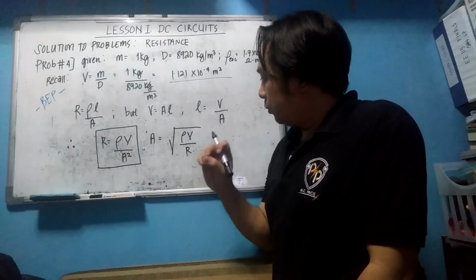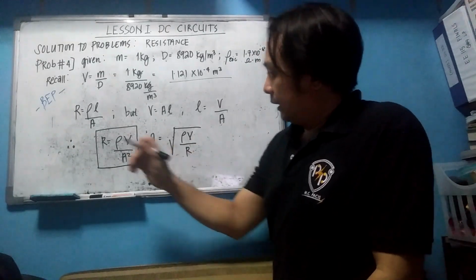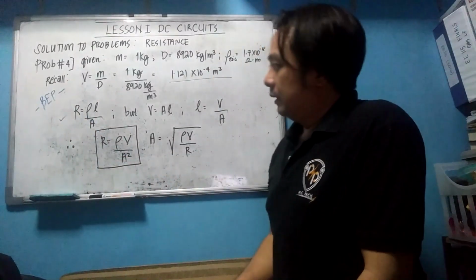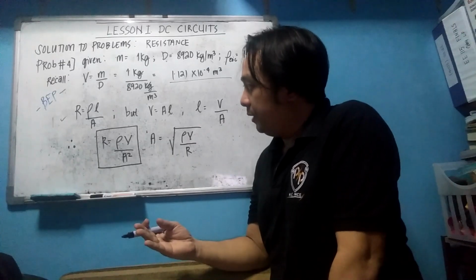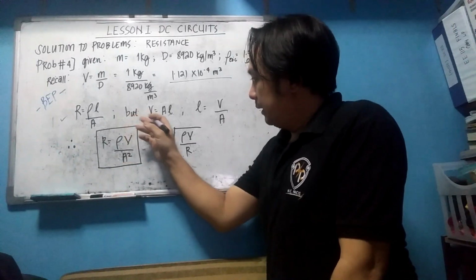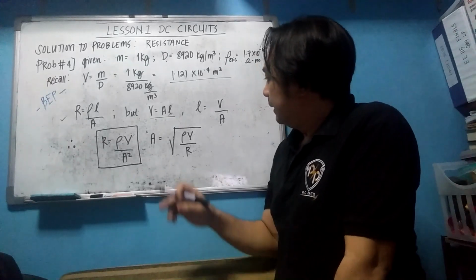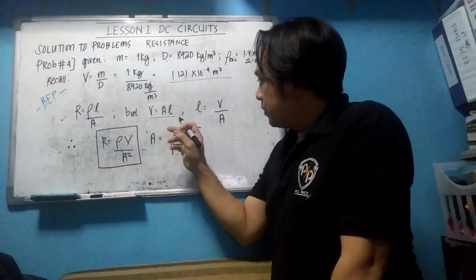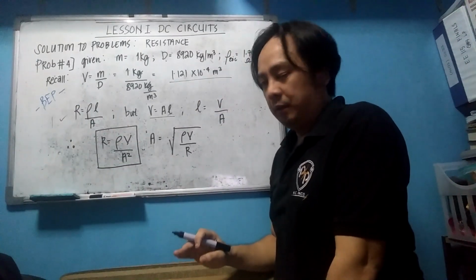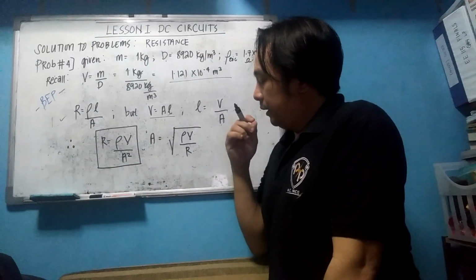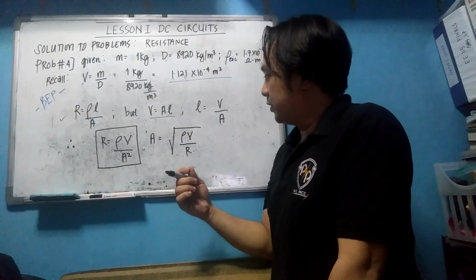Okay, we need to know the formula of the area. The resistance formula is R equals rho L all over A, but we know that the volume is area times length, and then we need to get the length so that we can substitute it in the resistance formula, so that we have a formula in terms of resistance, the volume, and the area as well.